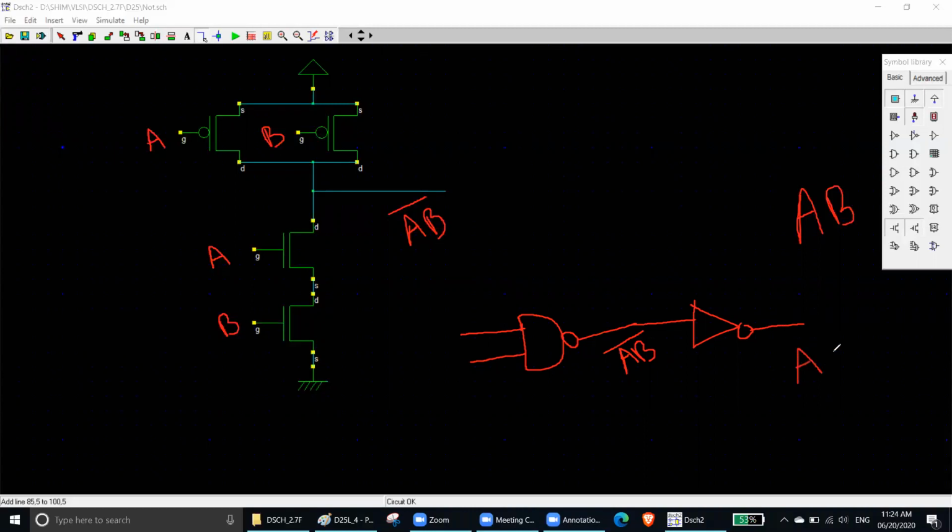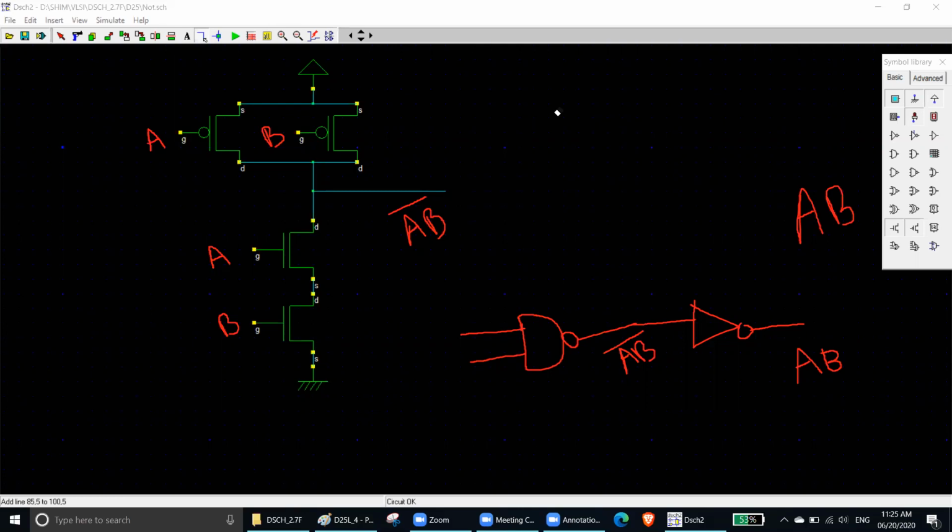It will add 1 bar on AB bar. So AB bar was already there, and now you will have 2 bars, right? Both of the bars will cancel each other, so you will have AB. Double bar means cancel each other.